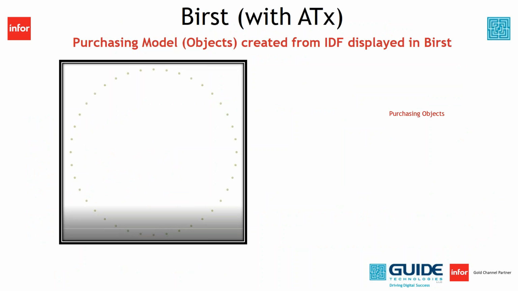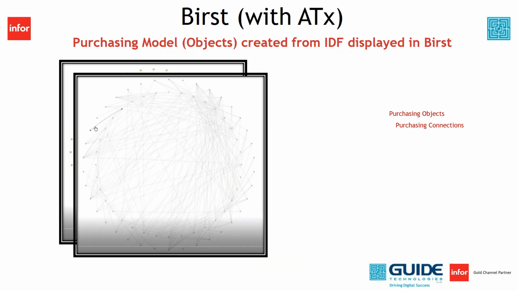But let's start out by saying I wanted to pull out all the objects, all the files that had to do with purchasing. All these dots on your screen right now represent a different object in purchasing. Now, how do these get linked together? Infor's already done this with the IDF, and here's the links.